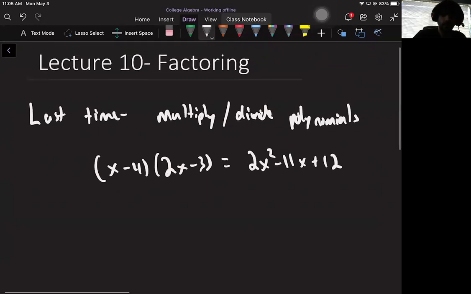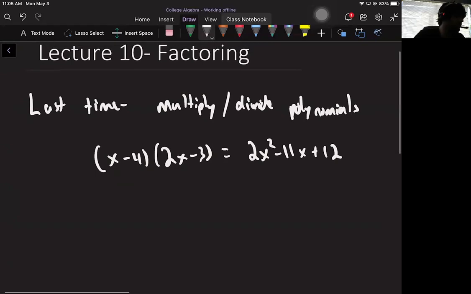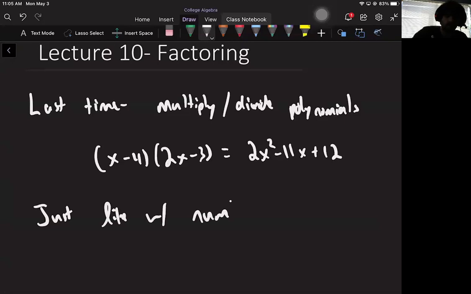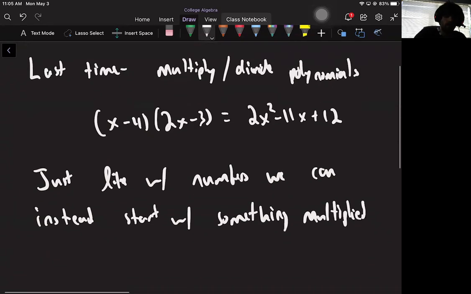But then what we want to do now is think about something called factoring, which is a little bit more interesting. And we're also going to compare it to how it works with numbers. Okay, so just like with numbers, we can instead start with something already multiplied out and attempt to factor it.